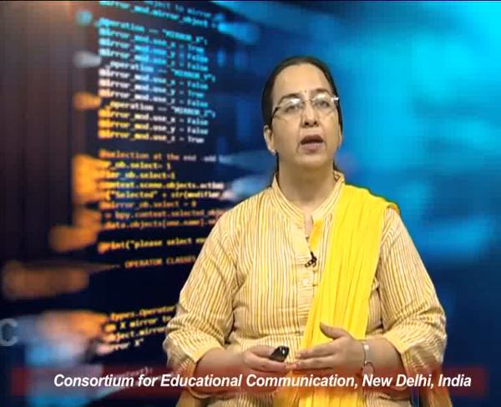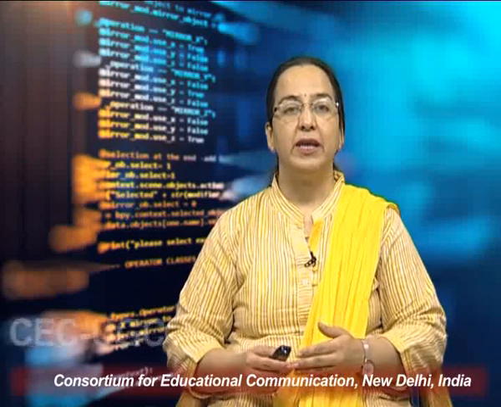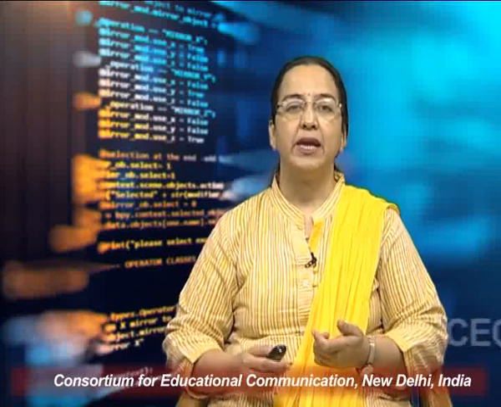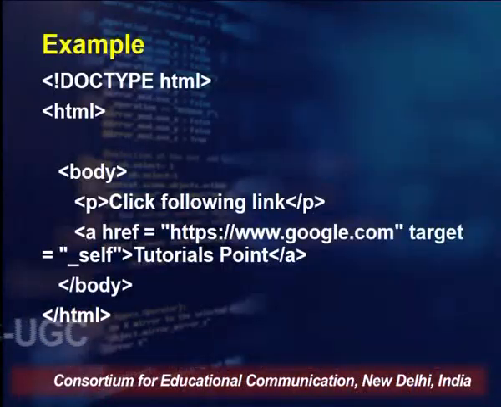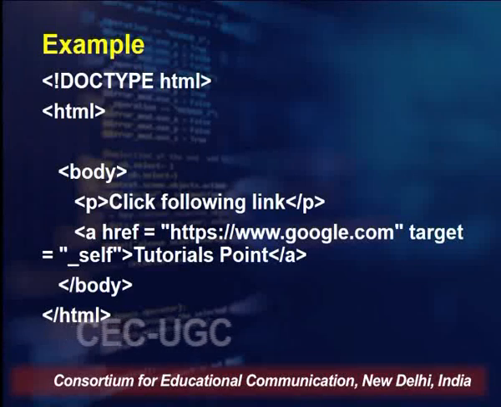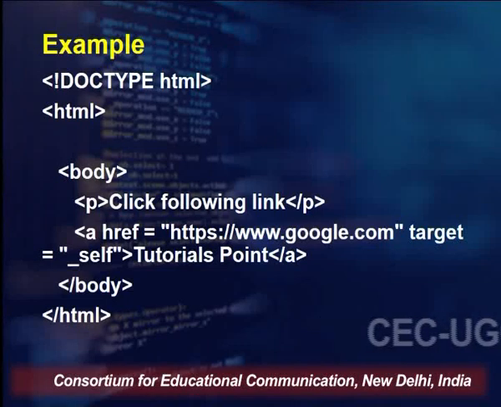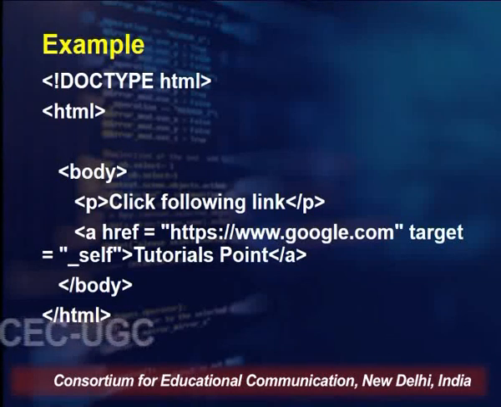Now what is the tag used to create a link? It is basically the a tag with href. A is for anchor, and href is hyperlink reference. Within this hyperlink reference, we write our destination, the place to which we want to navigate.